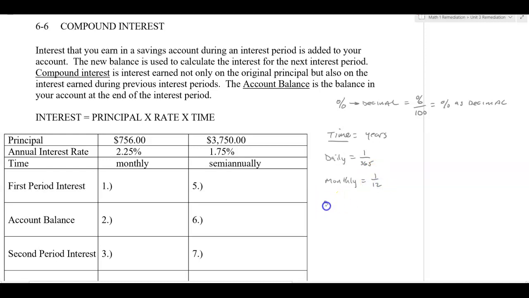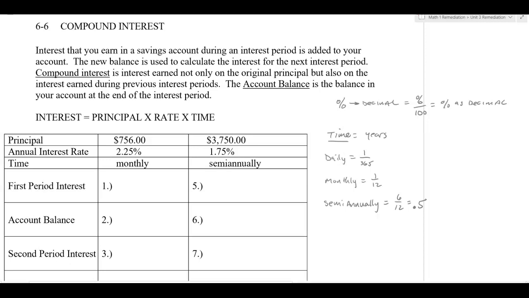If it's semi-annually, your time is going to be 6 out of 12, or 1/2, 0.5.